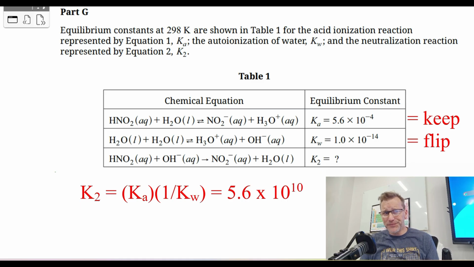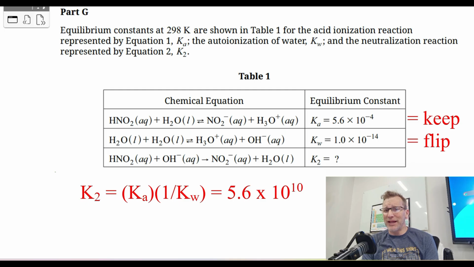Then they did a little bit of a Hess's law, but with K values, manipulating the K values. You can see they wanted this K2 equation. Take a look at the top equation. HNO2 is a reactant. We're going to keep that Ka. But the second reaction, we need the OH minus as a reactant.